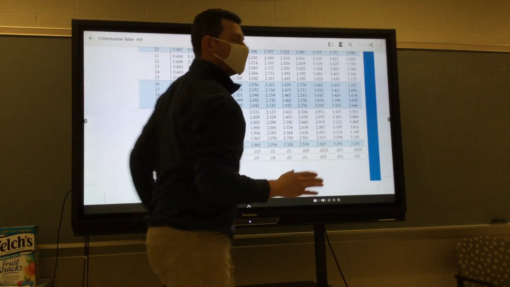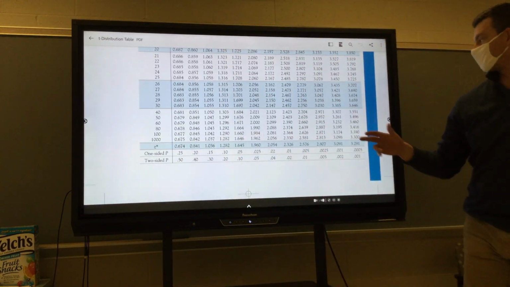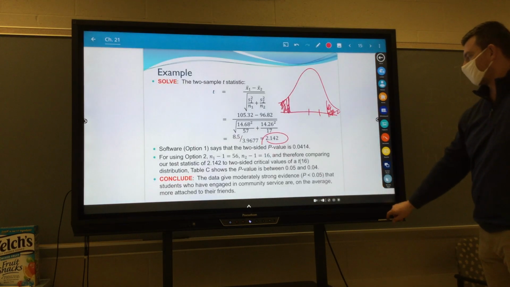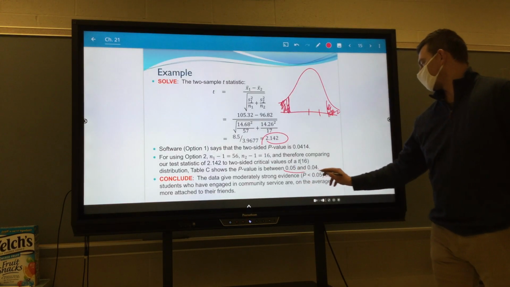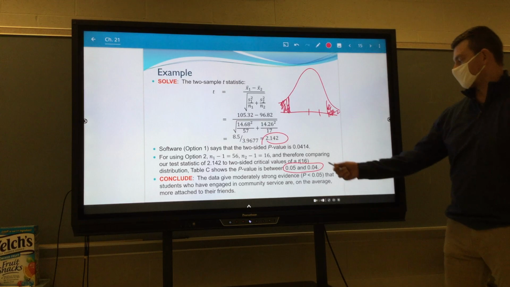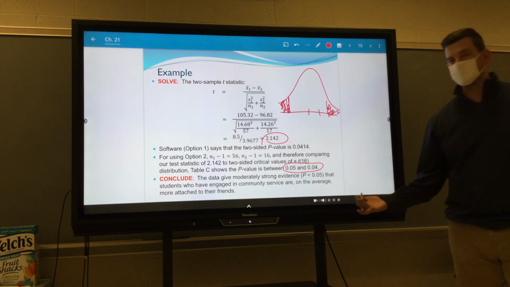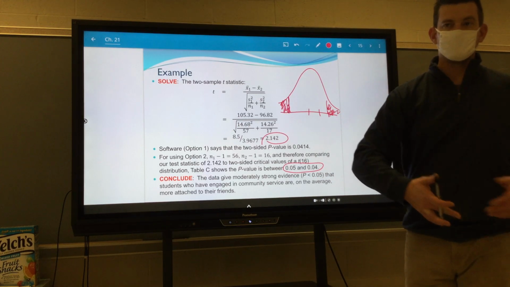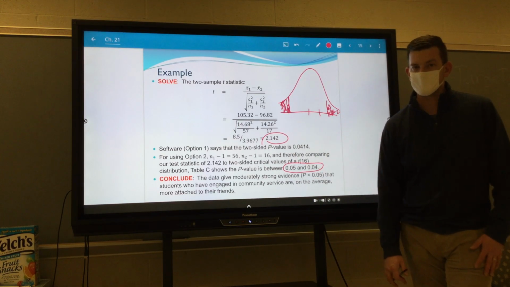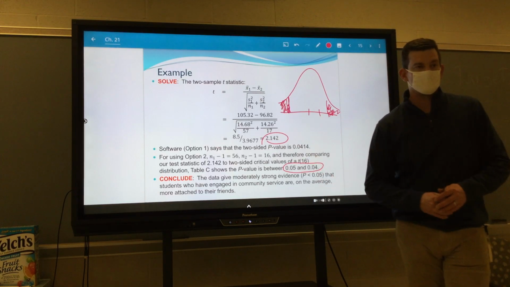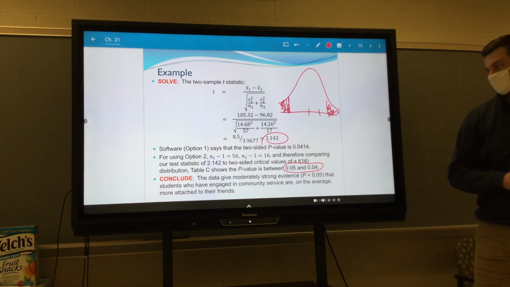That is the best we can do by hand with the t procedures. So going back over here, our p-value is between 0.04 and 0.05, which means we reject the null and accept the alternative hypothesis. We have evidence that there is a significant difference between the two.